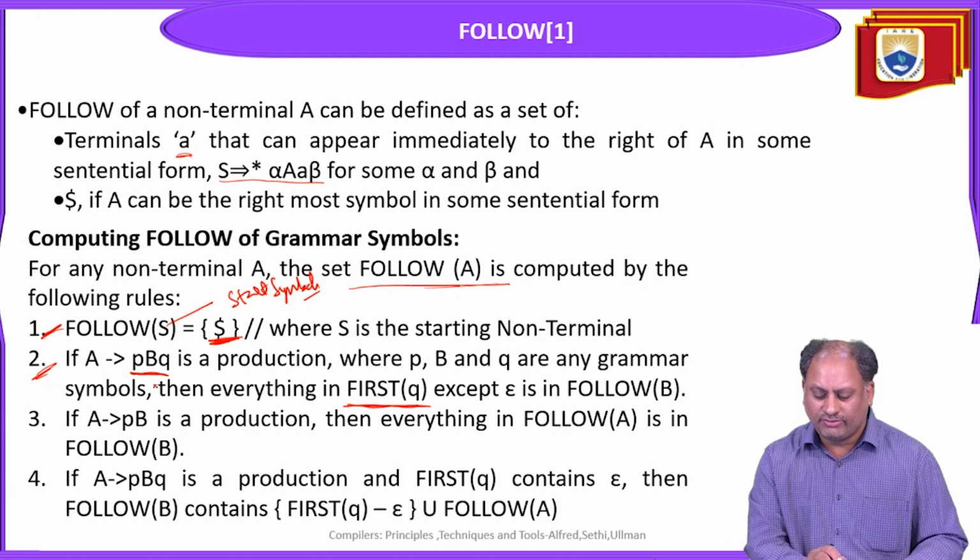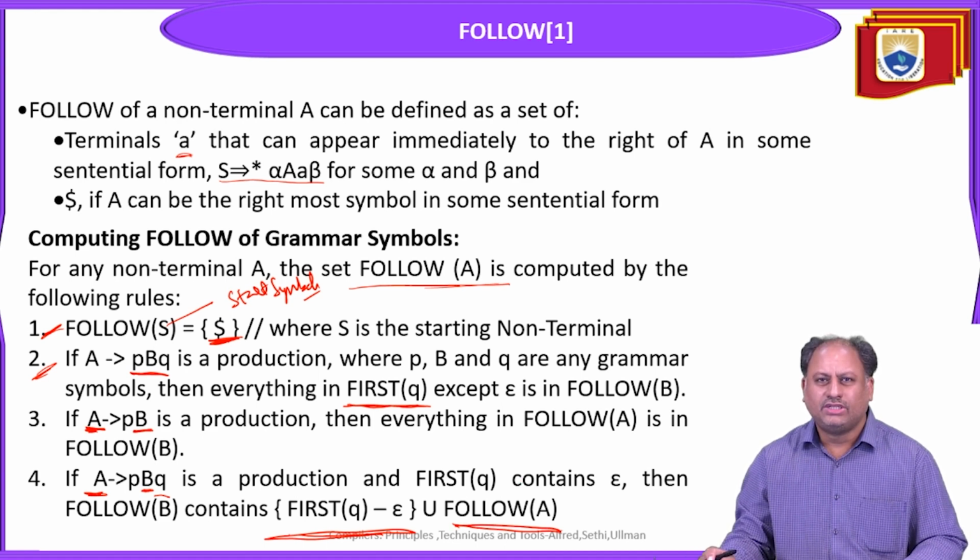So in the third rule, the follow of B is the same as the follow of A, and the follow of B is first of Q minus epsilon, and the follow of A.